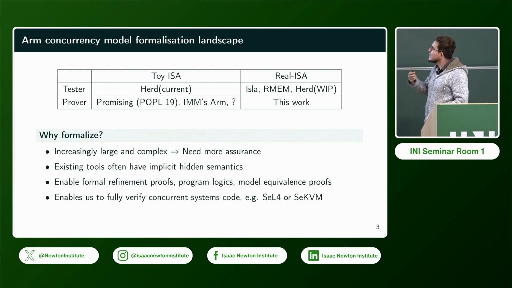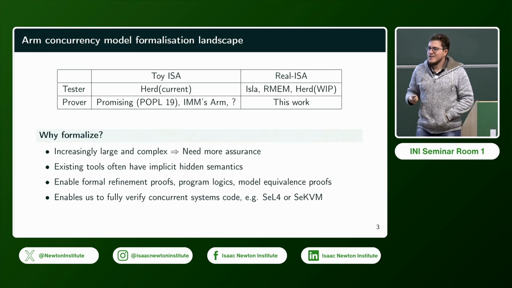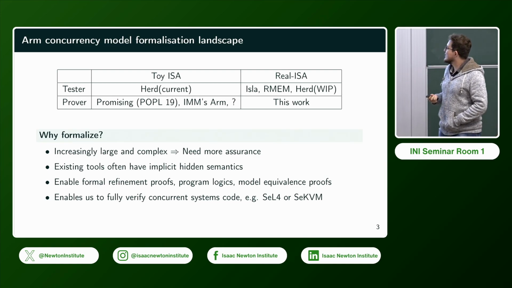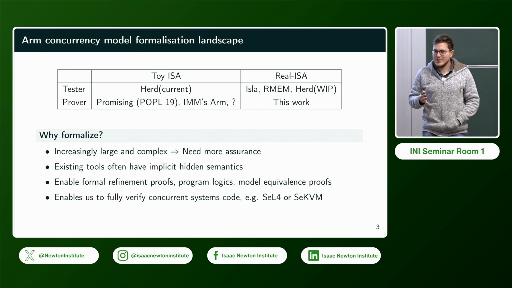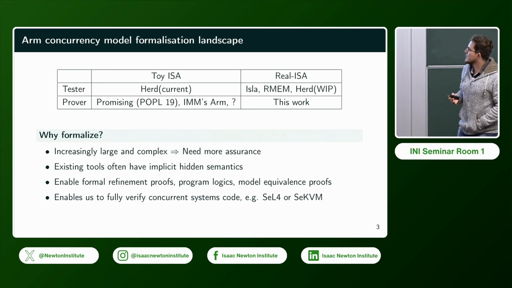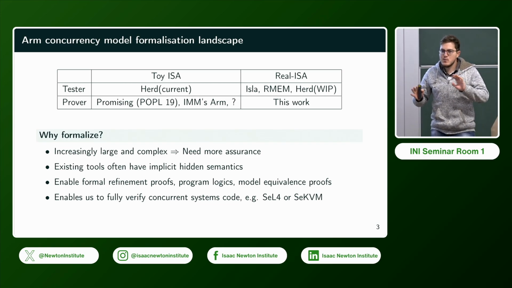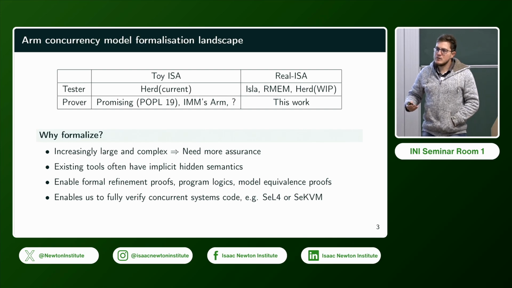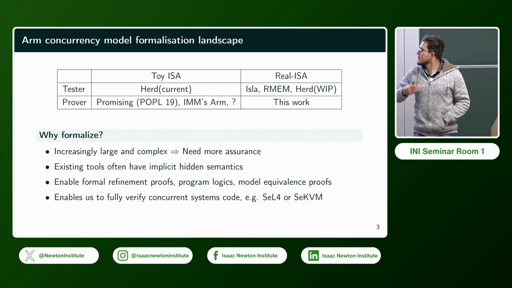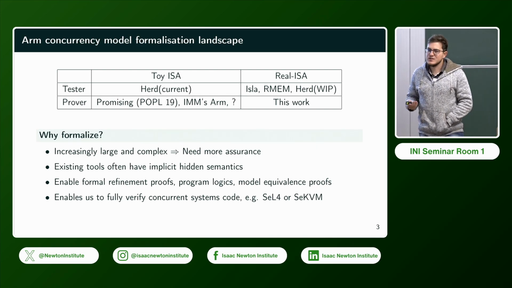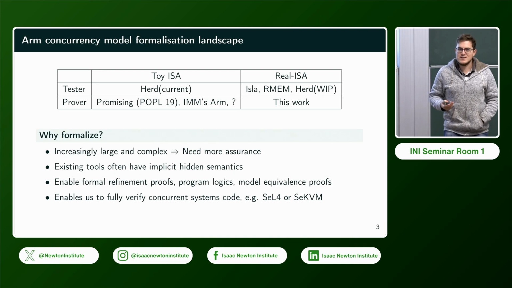So why do we want this? There are many points, most of them obvious-ish, but still good to list. When we talk about CPUs, for user mode we can think it's mostly done, even if not really. But as we go towards system stuff or interaction with GPUs, all those models get increasingly large and complex. And just testers is not good enough.